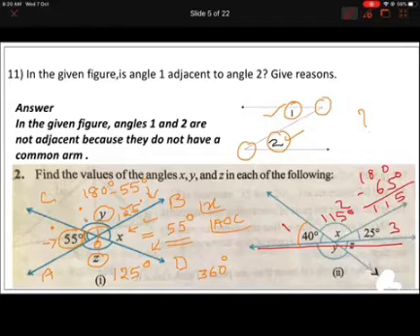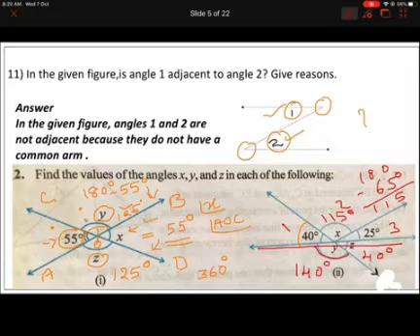Otherwise, opposite to this angle is angle Z. So Z also should be 40 degrees. If Z is 40 degrees, then what will be Y? It is 140 degrees, children. I really hope this is clear to you.